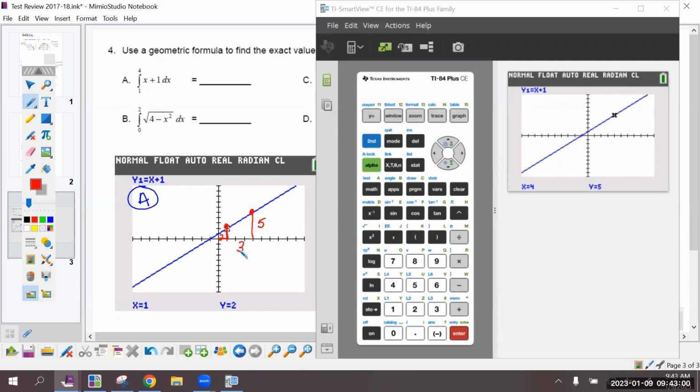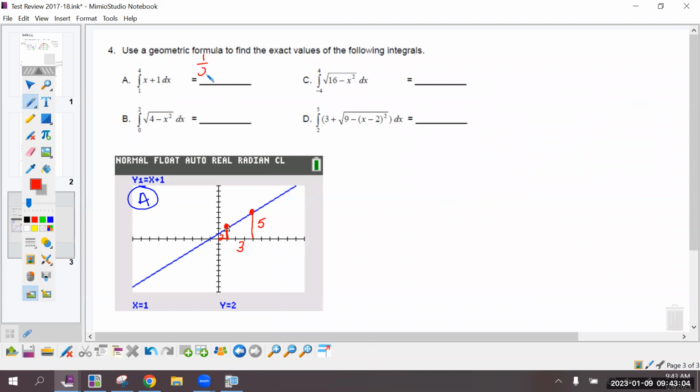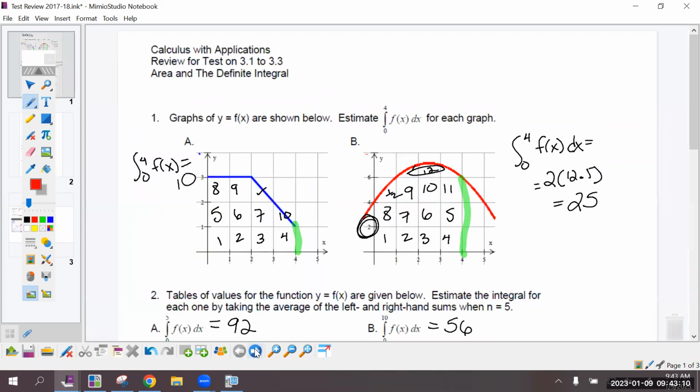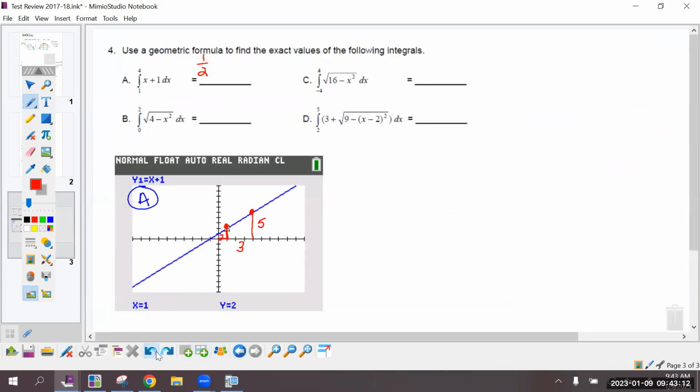From 1 to 4, this is 3. We got a trapezoid. So a trapezoid is 1/2, oh no, wrong thing, sorry. 1/2 the height, add up the bases. 7 times, so this is 21 over 2.